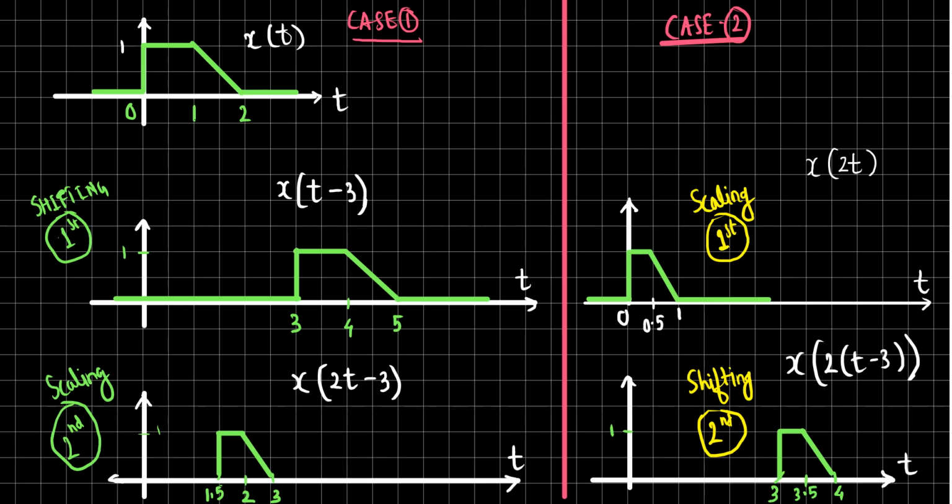We may easily see by observing these two graphs that these two operations are clearly different. The resultant signals are different. This demonstrates that the shifting and scaling operations cannot be interchanged for the same values of shift and scale. We shall look more into this in the next module. Thank you.